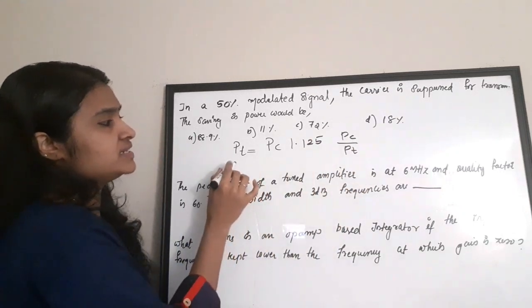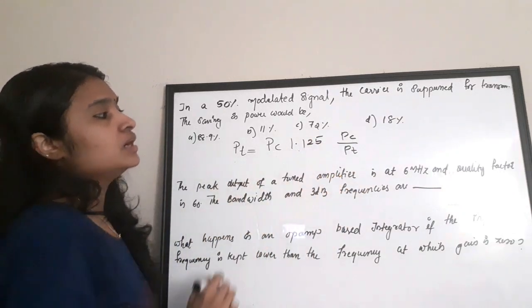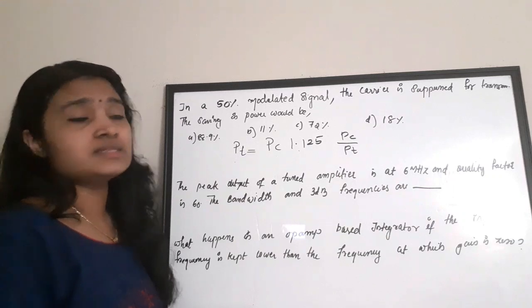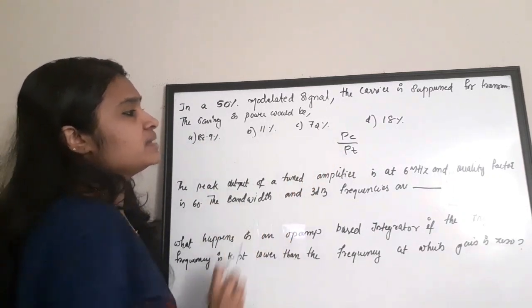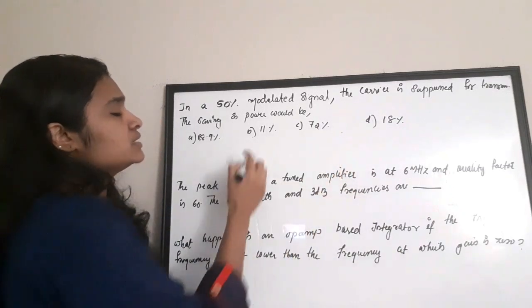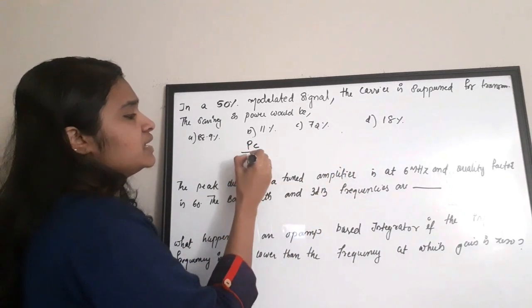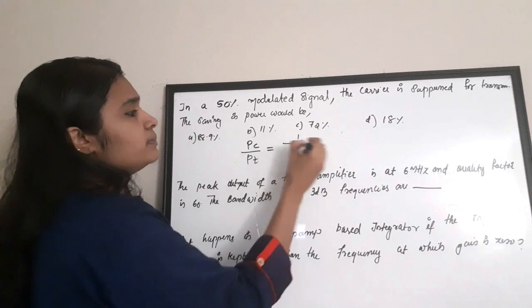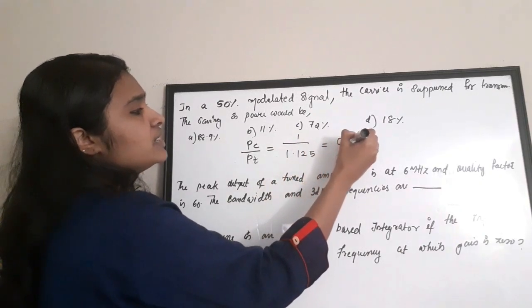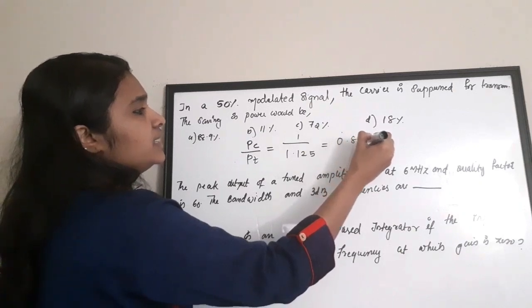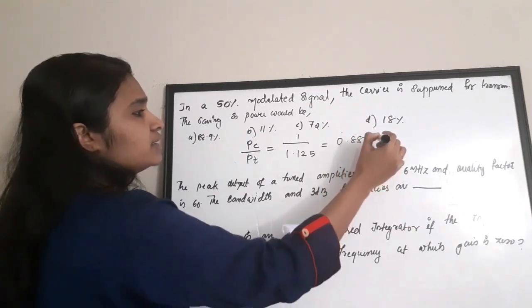Now, you have PT is equal to PC into 1.125. From this, you have to take the relation PC by PT, which is equal to 1 by 1.125, or you will get it as 0.888, that is recurring.